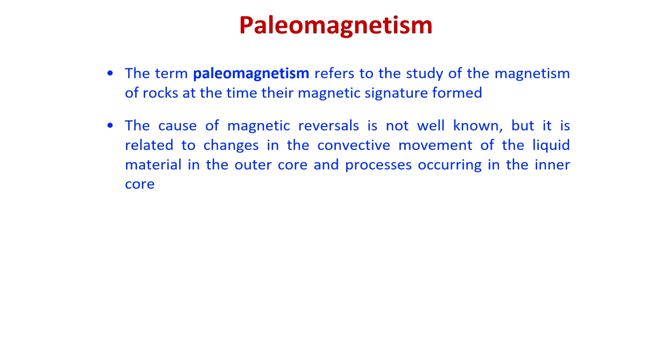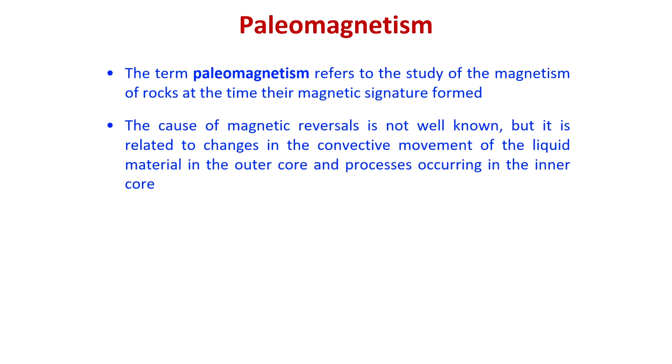Again, it is also related to the generation of the magnetic field and the rotation of the Earth. This is also connected with the geodynamo process that we were talking about. It is not well known, but it is related to change in the convection movements of liquid material in the outer core, and processes occurring in the inner core area.